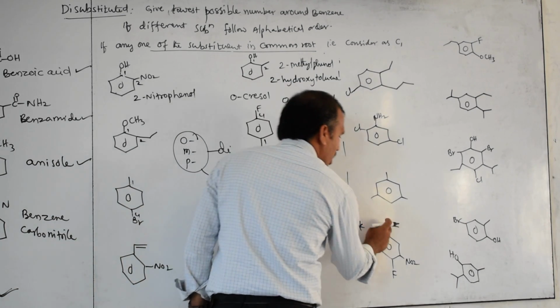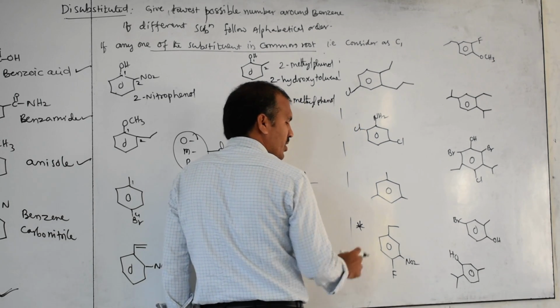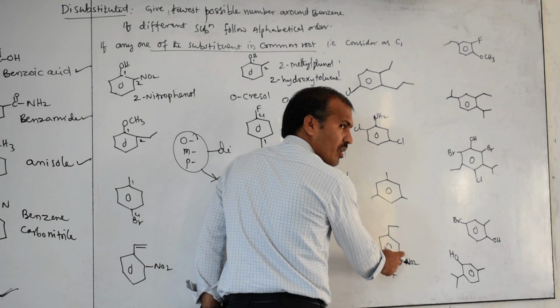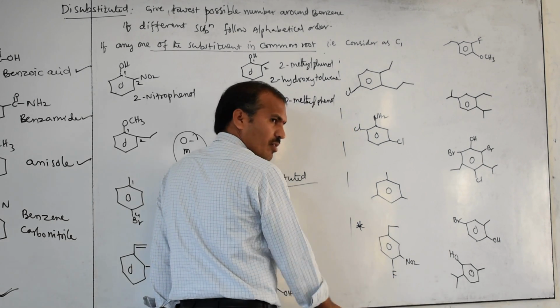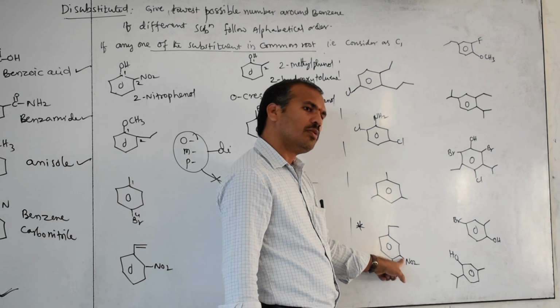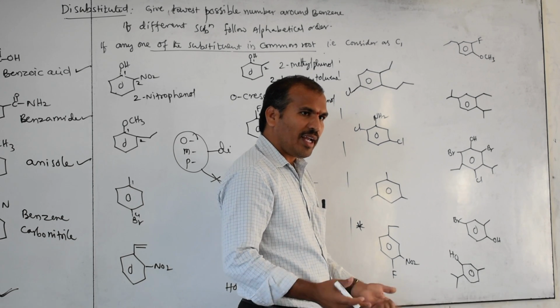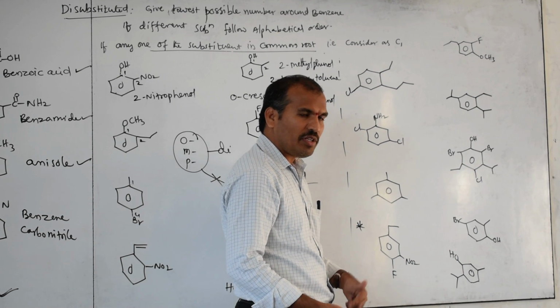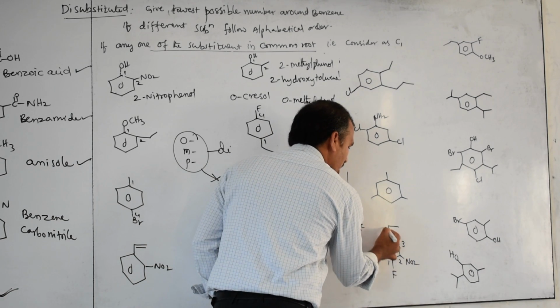Come on, which will get here? If you start here, 1, 2, 3, 4, then the lowest sum is how much? 1 plus 3, 4 plus 5, how much? 4, 8. So this is 8. Then 1 plus 2, 3 plus 4, 7. Is 7 lowest or 8 lowest? 7. Then which is the correct numbering? 1, 2, 3, 4.